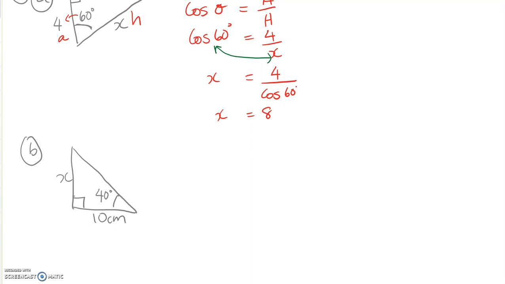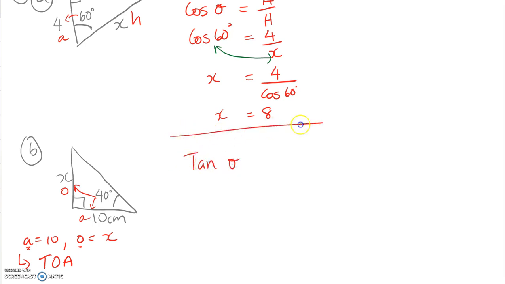Okay, so let's first label our sides. So if you have a look, right next to that is adjacent, right opposite that is x. And if we just write that down, we have got A is equal to 10, O is equal to x. So A and O, the ratio that uses A and O is TOA. So therefore we have tangent theta is equal to O over A, which is tangent 40 degrees is equal to O, which is x, divided by A, which is 10.